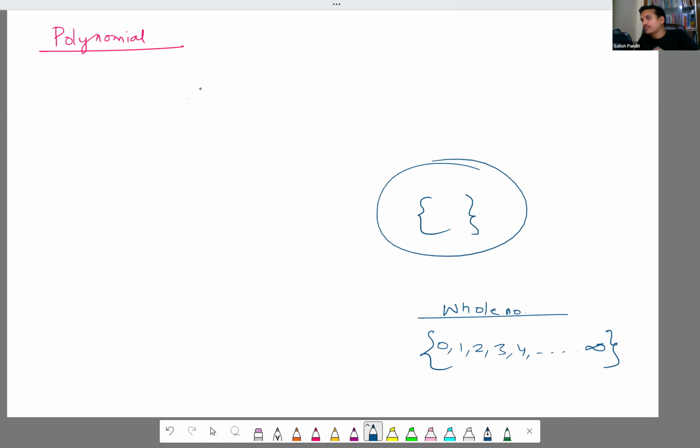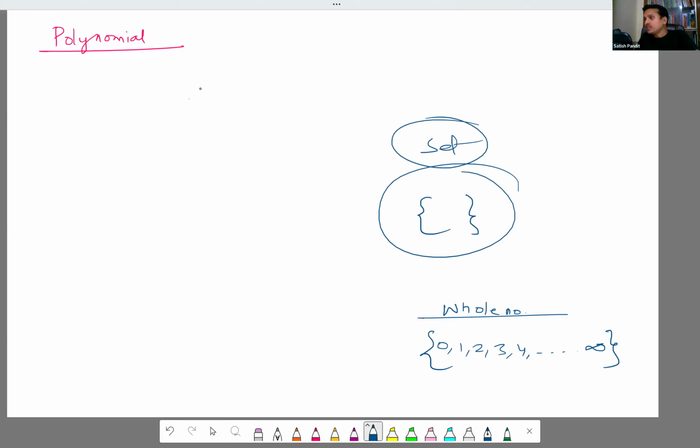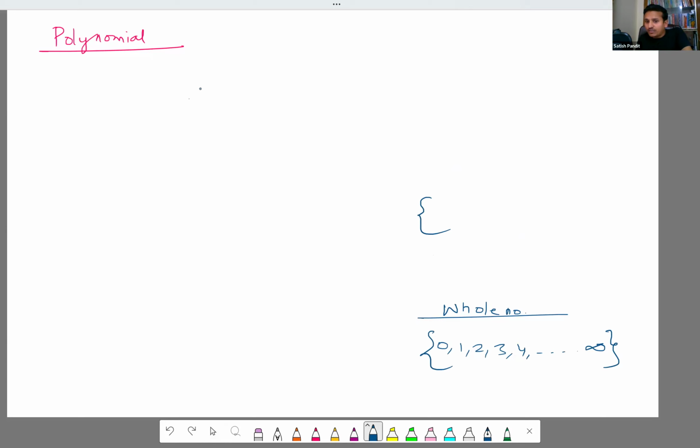This is called a set. You'll be studying it as a chapter in 11th standard. Set, S-E-T, is basically a collection of numbers. So the collection of numbers starting from 0 and going up to infinity is called whole numbers. We use capital letter W for denoting the set of whole numbers. In the chapter on sets, they will not write it out like this; they will use the symbol W.